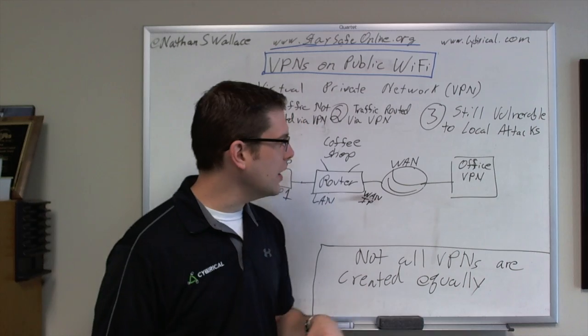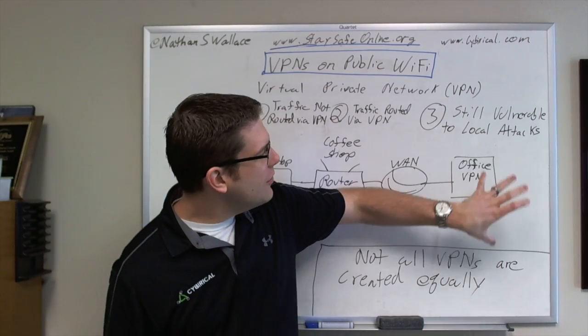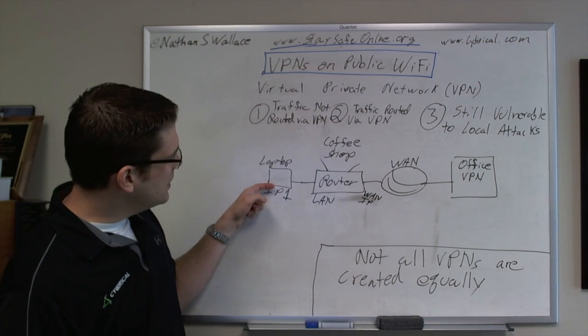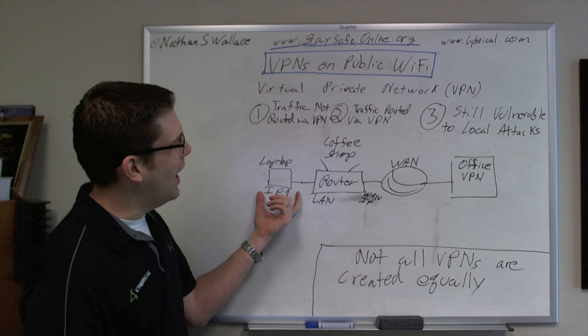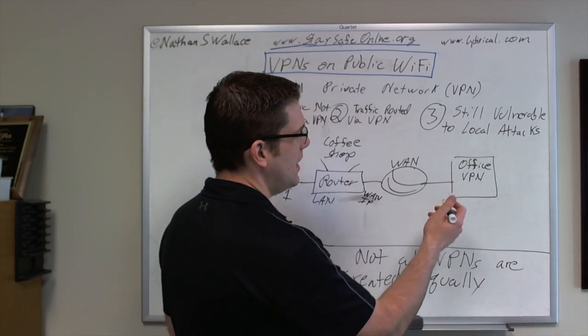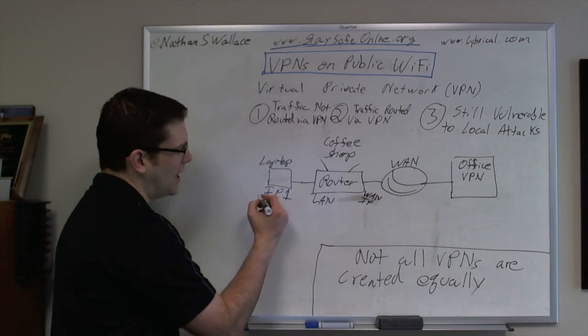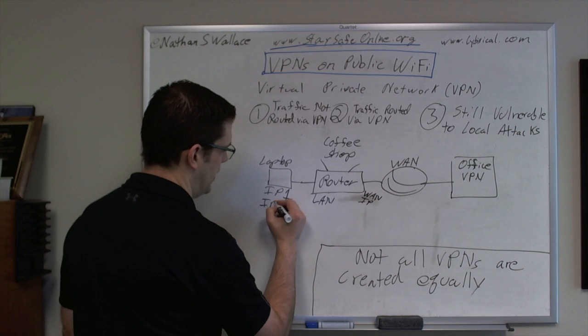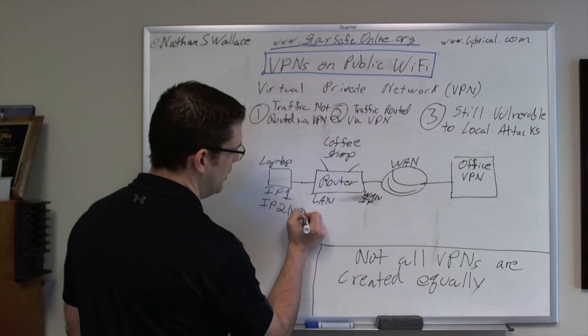The wide area network. Well, if you want a VPN to your office, you actually have to dial in. I use the term dial, but it's no longer dial, right? You use some software to connect to your office VPN, and then your VPN gives your laptop another IP address. So we're going to call this IP2, and this is specifically the VPN.